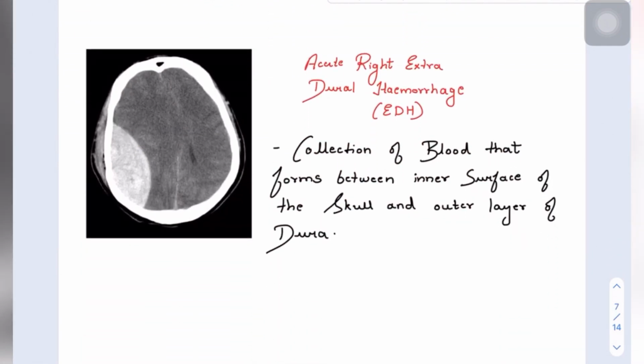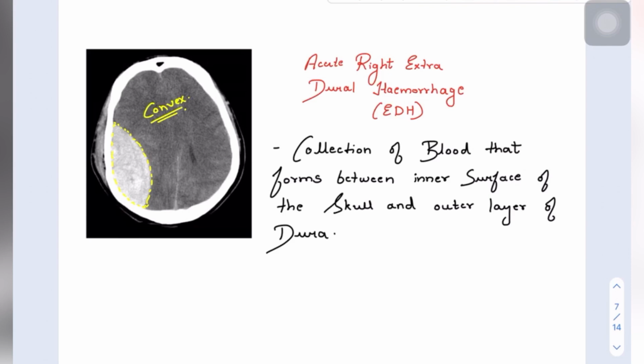As you see here, this is the image of CT scan of epidural hemorrhage. You can see on this image there is something hyperdensity, right? I will mark here. This is the hyperdensity seen on CT scan, which is convex in shape.